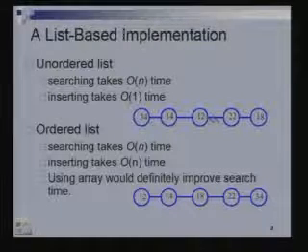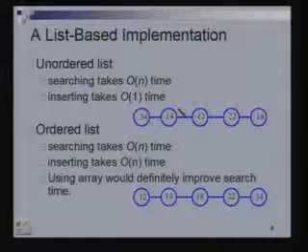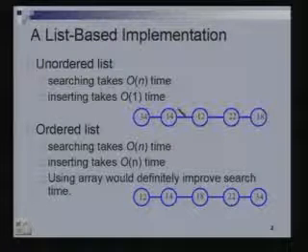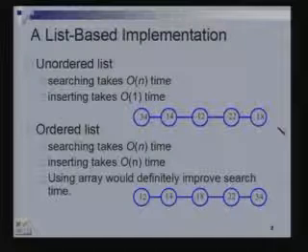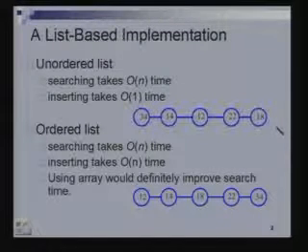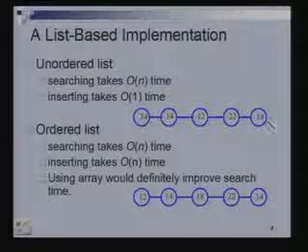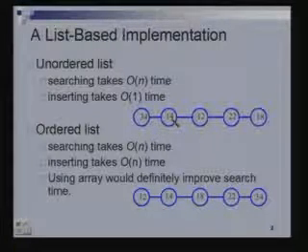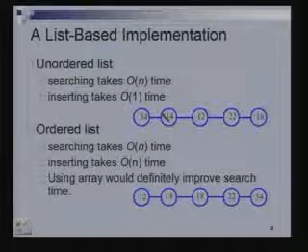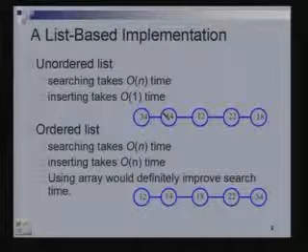The successor of 12 is not 22, it is 14, which is the key following 12 in the order relation. The order relation I am assuming is just the order on the integers. So, 12 is the smallest key, 14 is the key larger than that, then 18, 22 and 34. So, 34 is the largest key in here.